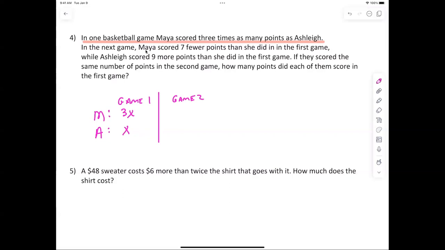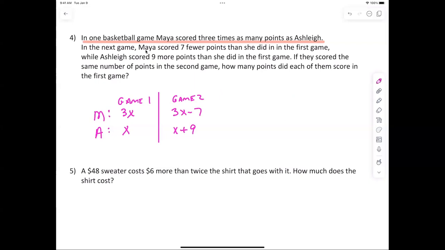That's all you have to do. 3x minus 7. While Ashley scored 9 more points. So instead of saying 9 plus x, x plus 9. All right, so now we're there.